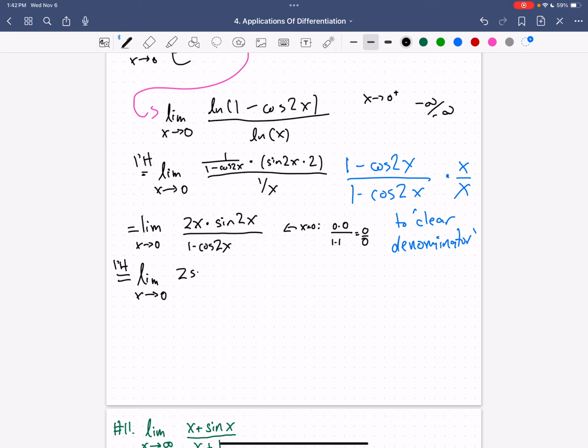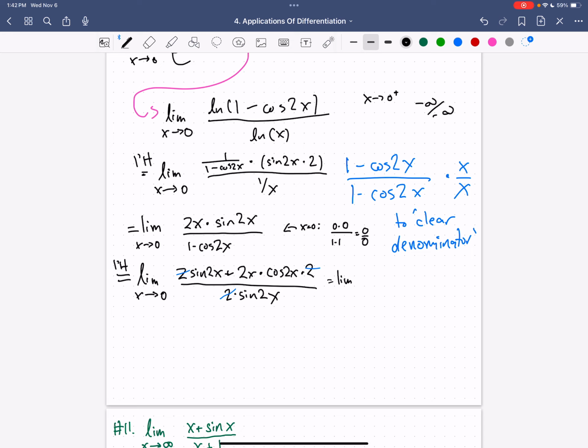So we have 2 sine 2x plus 2x times cos 2x times 2, over the derivative of the bottom, which is 2 times sine 2x. And as before, we can simplify a little bit. To start off, I'm going to get rid of a 2 from each of these factors, then split this up into 2 fractions.